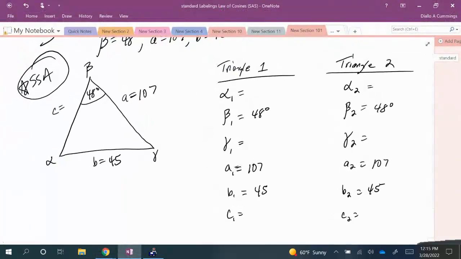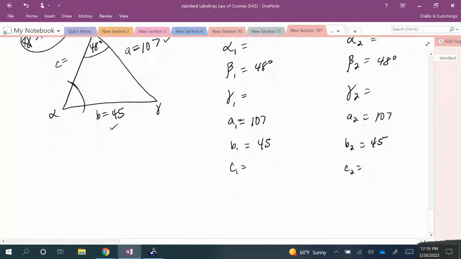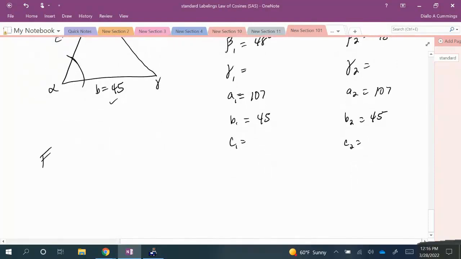All right, so going back to our example, which angle could we possibly find? Well, we know angle beta. We know side length B. We know side length A, so it's possible to find angle alpha by using a law of sines proportion. So that's what I'm going to do here. I'm going to find alpha.